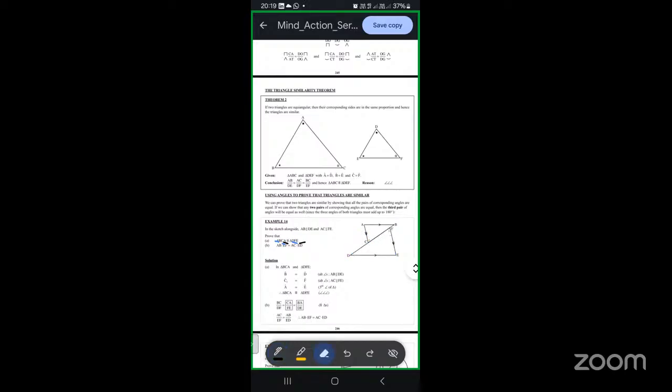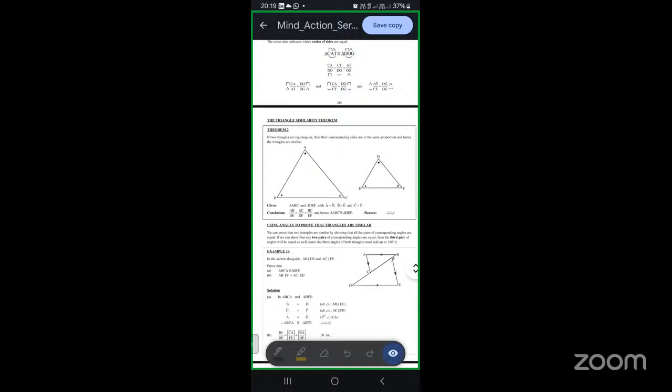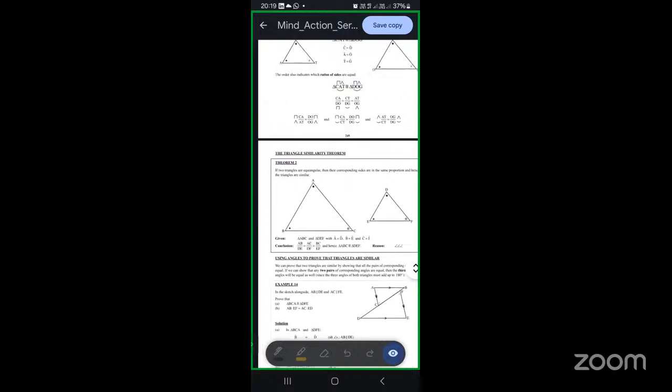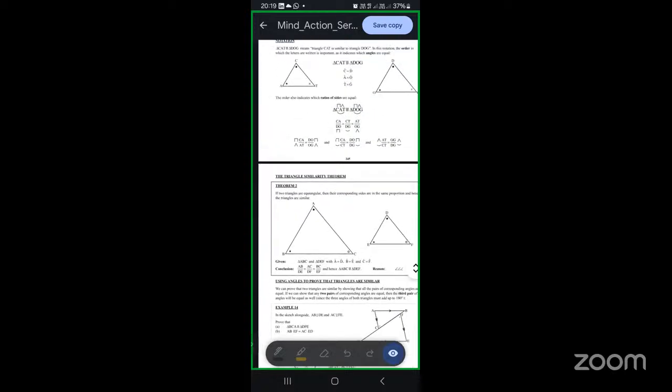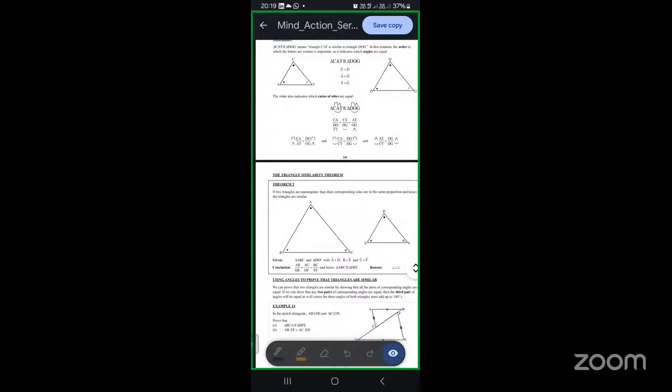Now, with number B, we are required to prove that AB times EF is equal to AC times ED. So how can we do that?